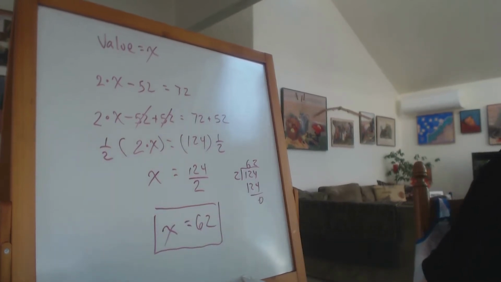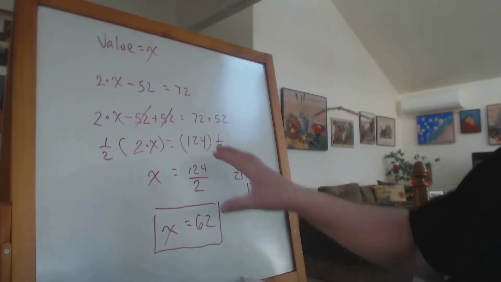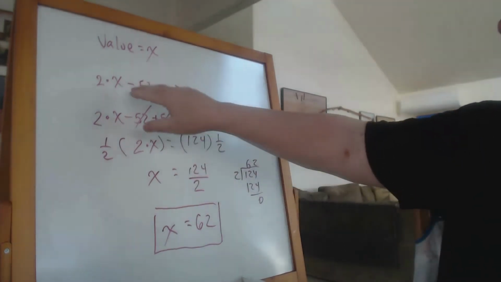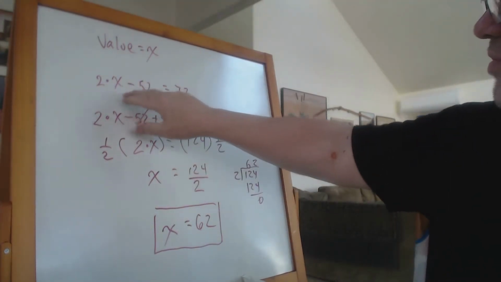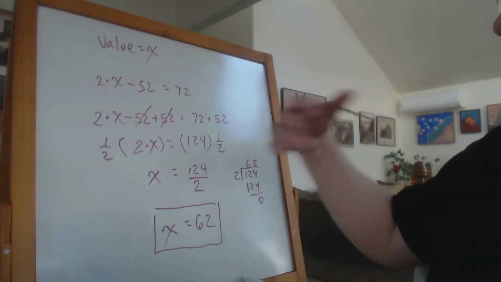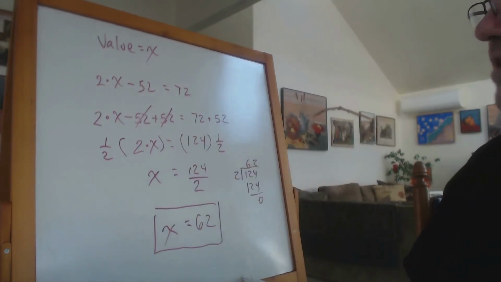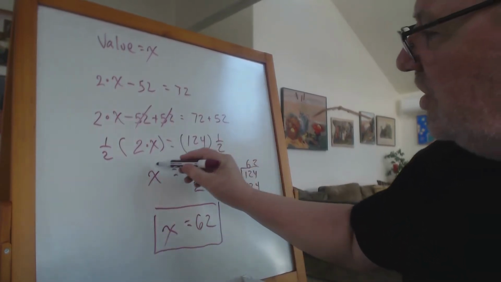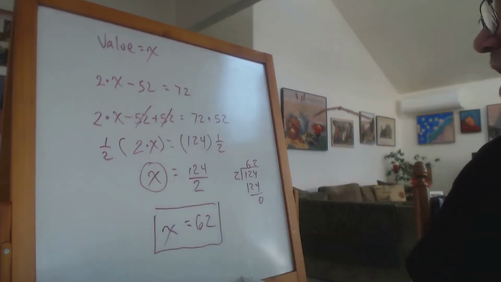So rather than going through a whole bunch of guesswork, we actually substituted a symbol for the number we're looking for, and we apply the rules of mathematics to it in such a way that we isolate for this value.